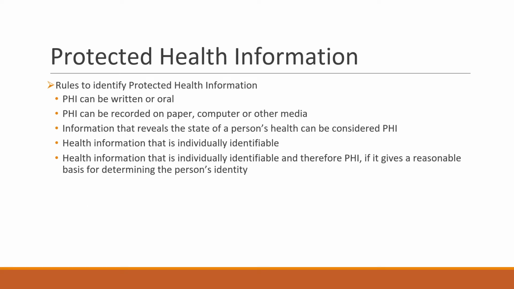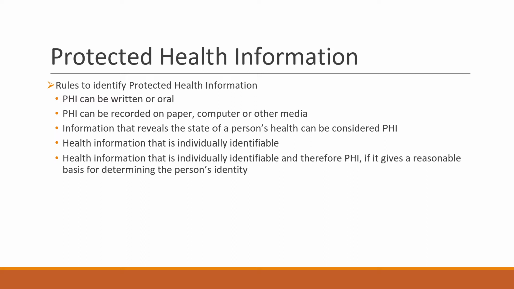So what is considered protected health information? There are a few rules that will help identify what protected health information is. Protected health information, also known as PHI, can be either written or oral. It can be recorded on paper, computer, or other media devices. It is information that reveals the state of a person's health. The information is individually identifiable.